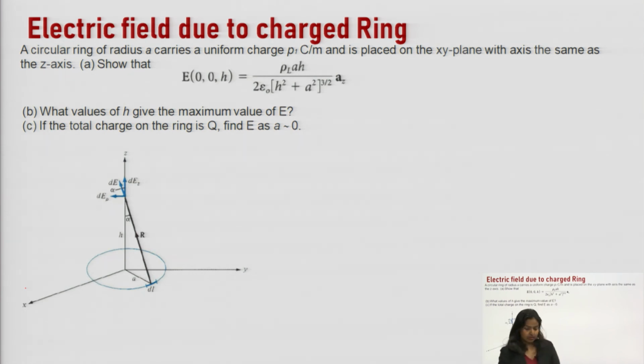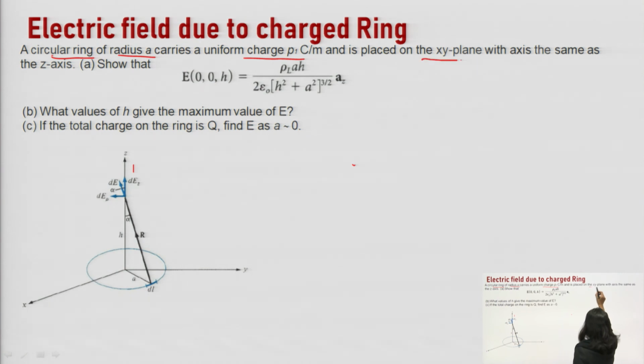So, we are going to solve a problem which tells that a circular ring of radius a carries a uniform charge rho Coulomb per meter and is placed on xy plane with the same axis as the z axis.